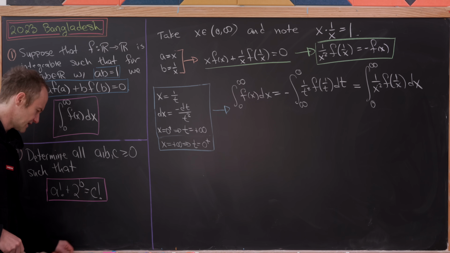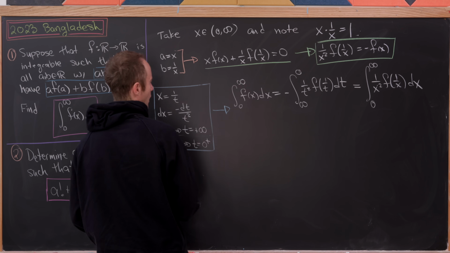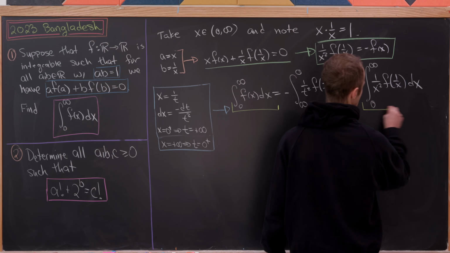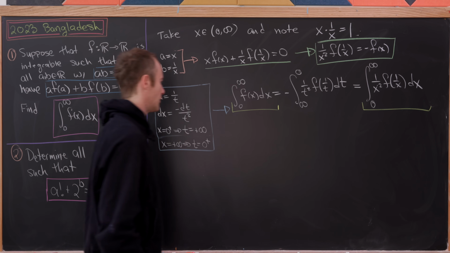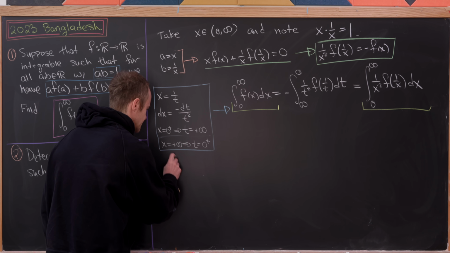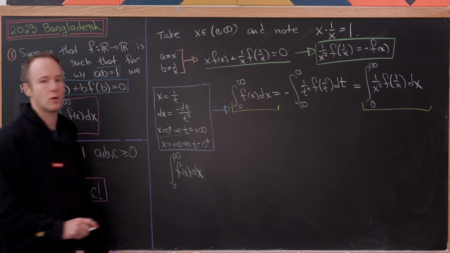Let's see if we can put this all together into a nice one-line calculation, and we're going to use this yellow underlined identity to help us. Let's start over here. We've got our integral from 0 to infinity of f of x dx, so that's our goal.